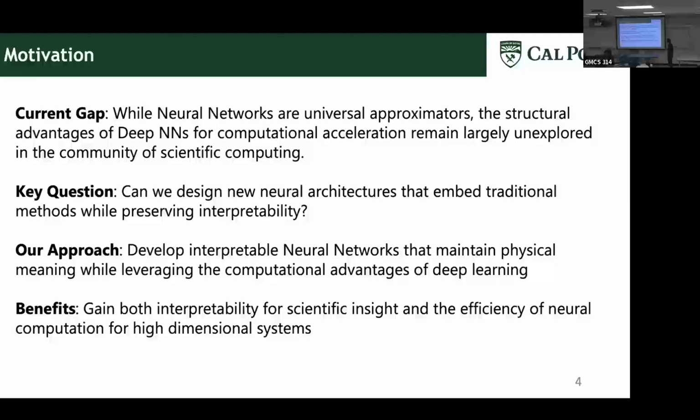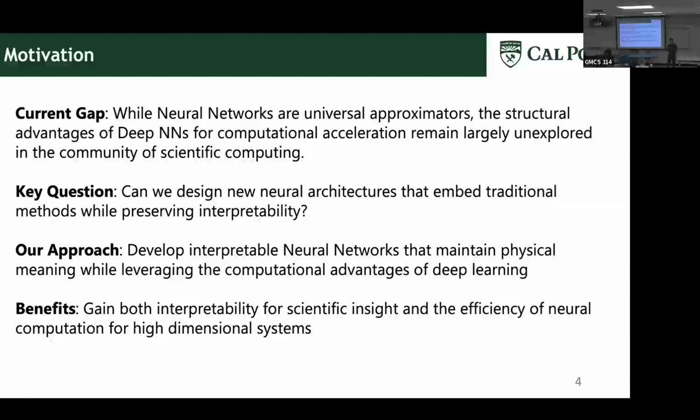The key question is whether we can design new neural networks that are interpretable and embed some of our traditional methods. This way we could take advantage of the structural computational efficiency of neural networks while also preserving interpretability.